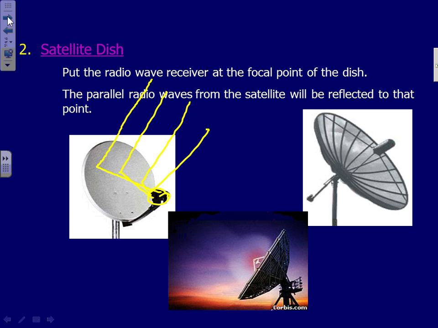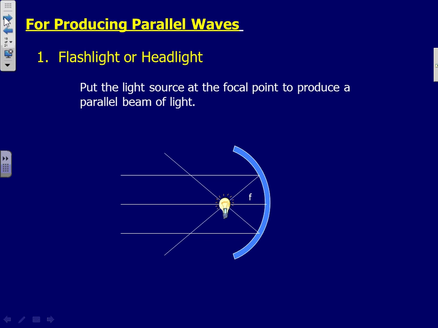But we're just using radio waves instead of light waves, right? So just like your radio tunes into a radio, they've got not a beam, but a signal of radio waves that are then focused. So satellite dishes work the same way. All right. For producing parallel rays.